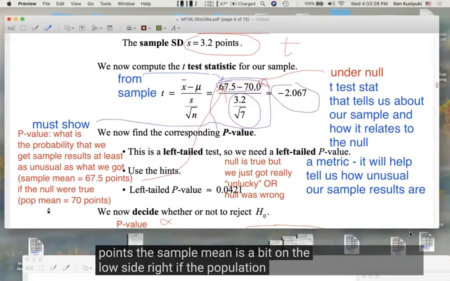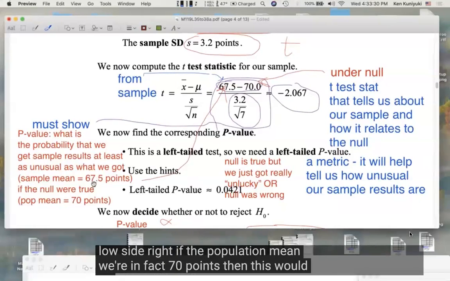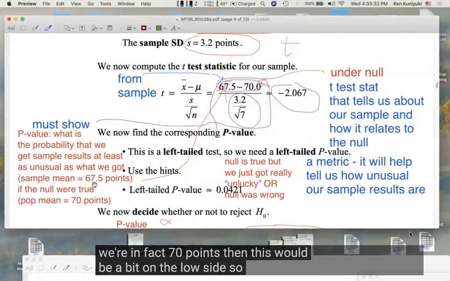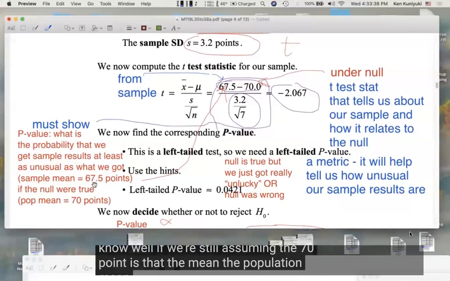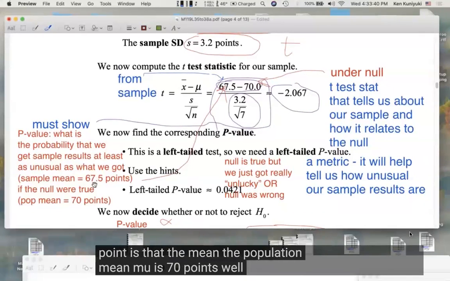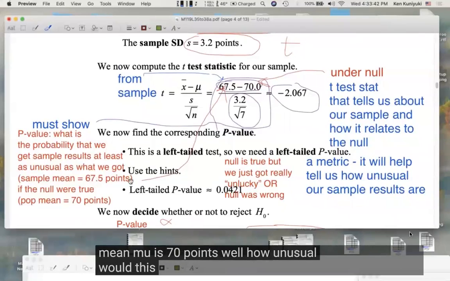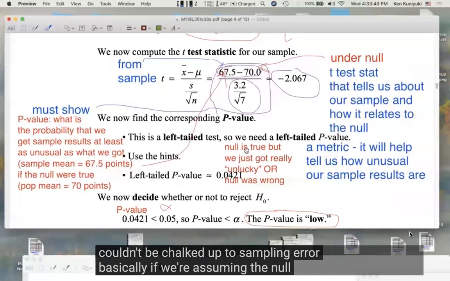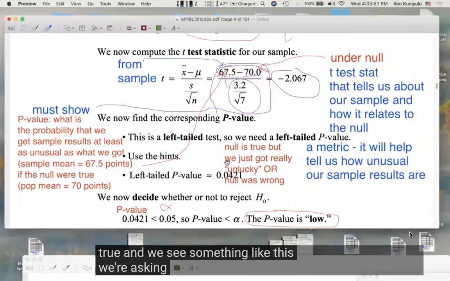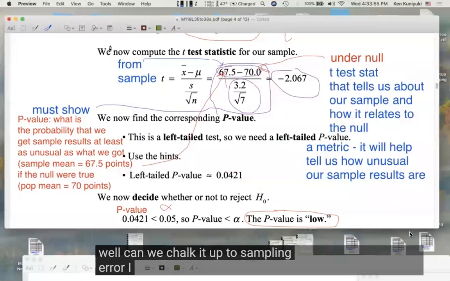If the population mean were in fact 70 points, could this be chalked up to sampling error? If we're assuming the null is true and we see something like this, can we chalk it up to sampling error?